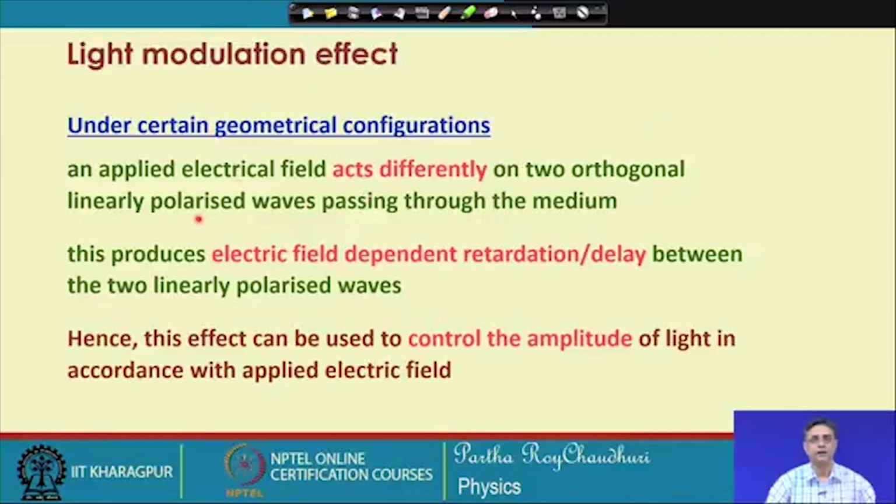In that case, the two linearly polarized waves will be affected in different ways, and as a result there will be an electric field dependent retardation, because there will be an induced birefringence, which will cause a delay between the two waves. If there is a delay, then by controlling the electric field we can modulate the amplitude of the light according to the magnitude of the applied electric field.